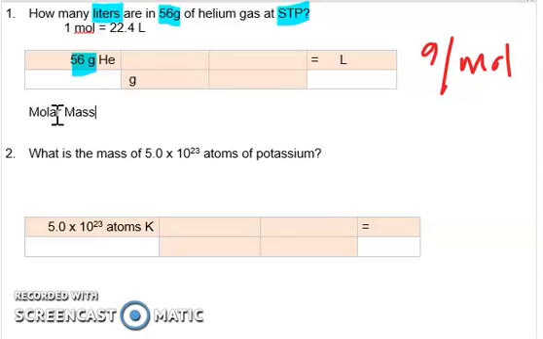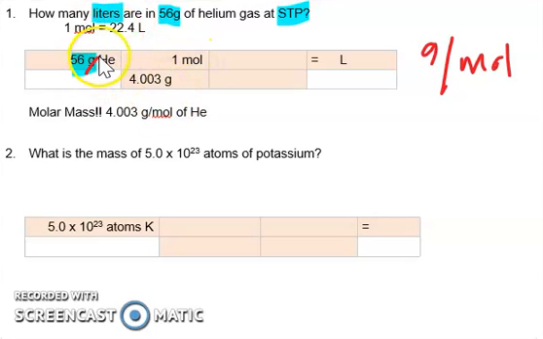So the molar mass of helium is 4.003 grams per mole. That's the molar mass of helium. So for every 4.003 grams, I have 1 mole. That is a molar mass of helium.